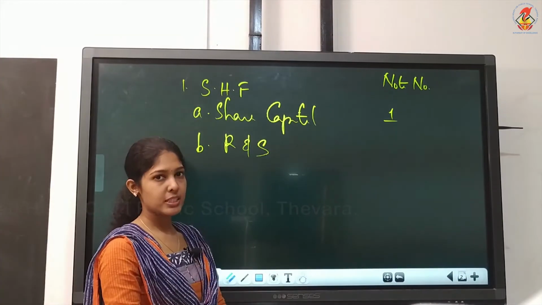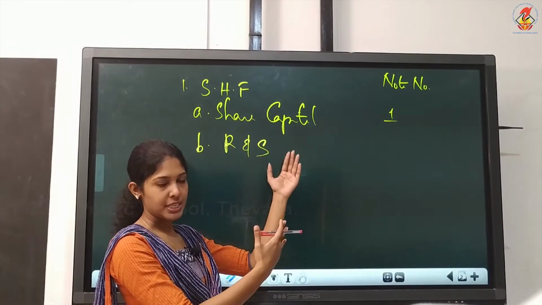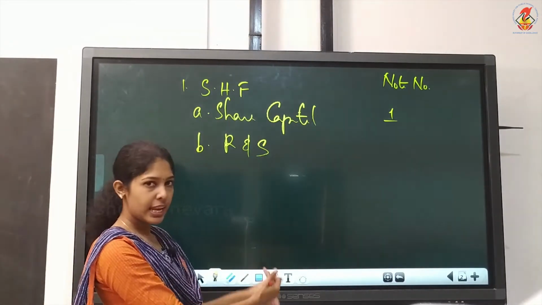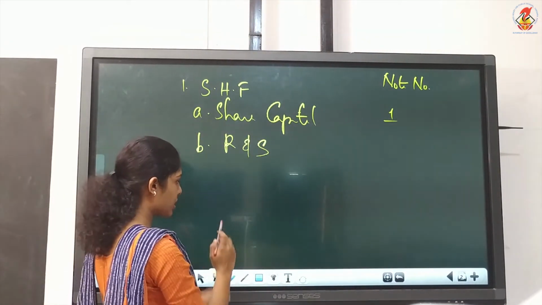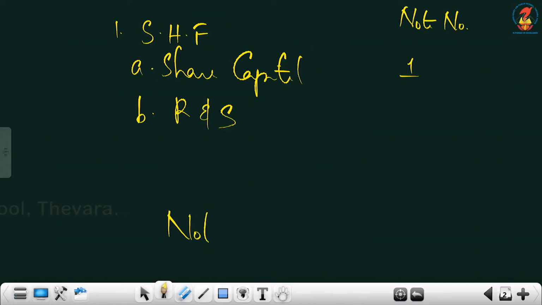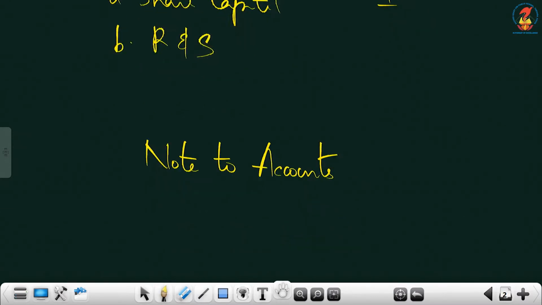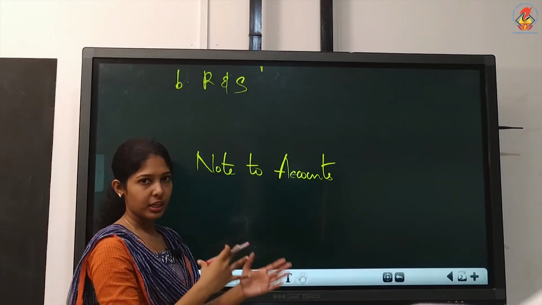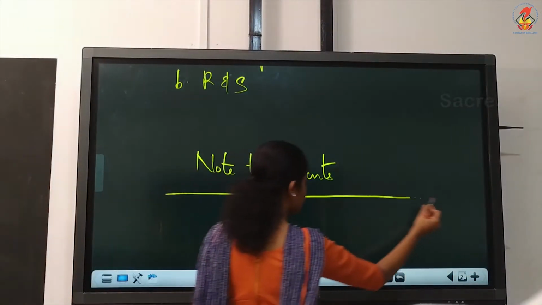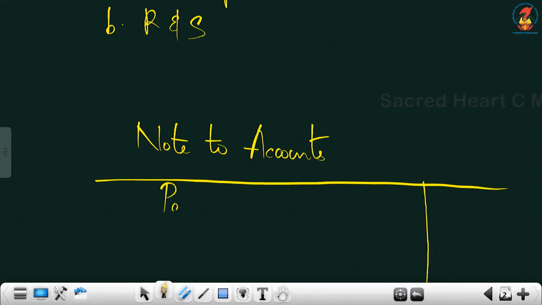The detailed explanation of this particular item will be shown in the next account. That means after you finish the balance sheet, you should have something called note to accounts. It's like a working note, but you have to draw the format with particulars and amount, that is the format of note to accounts.